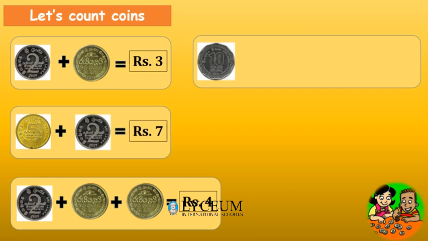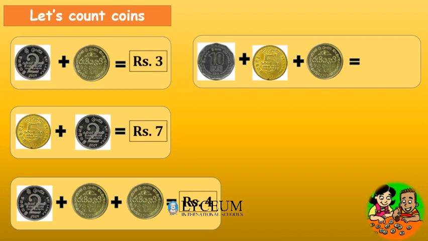Next example. 10 rupees plus 5 rupees plus 1 rupee. So let's start with the first two coins. 10 plus 5 gives us 15. 15 plus 1 equals 16 rupees.